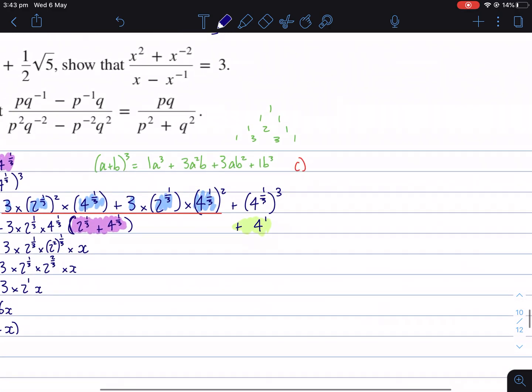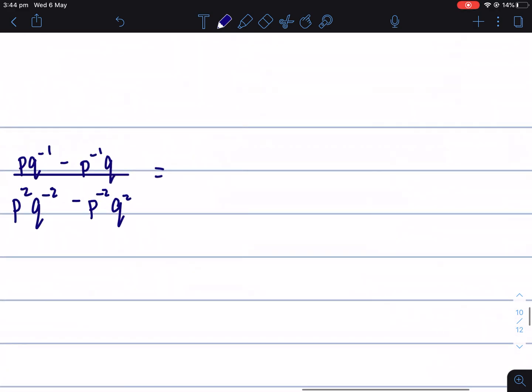We've got PQ minus 1, take P minus 1Q over P squared Q minus 2, take P to the minus 2Q squared. So this is like writing P on Q minus Q on P over P squared on Q squared minus Q squared on P squared.